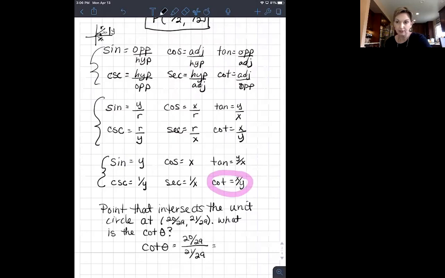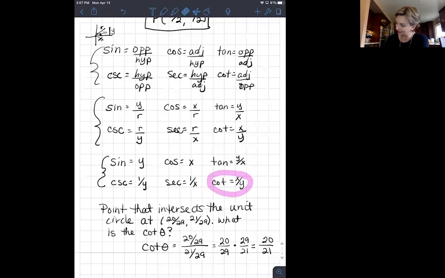So 20 over 29 divided by 21 over 29 is the same thing as 20 over 29 times 29 over 21, which simplifies to 20 over 21. And there's your answer.